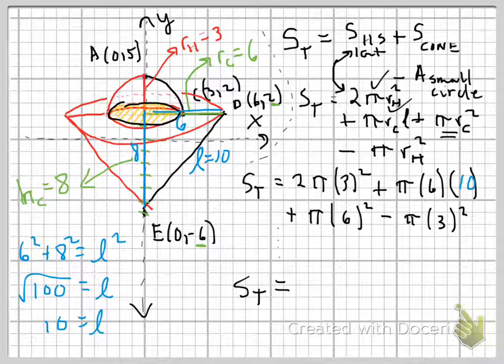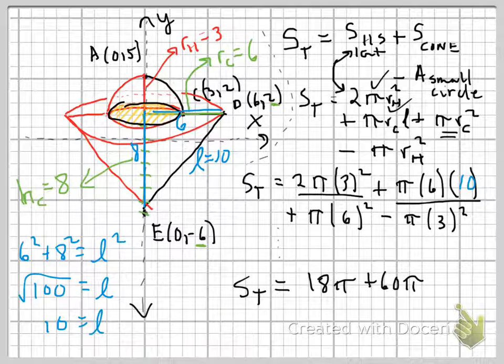And so when I do that, I'm going to end up with 18 pi for this part here, and then for this is going to be 60 pi, and then I'm going to have this part here 36 pi, and this part here subtract 9 pi.